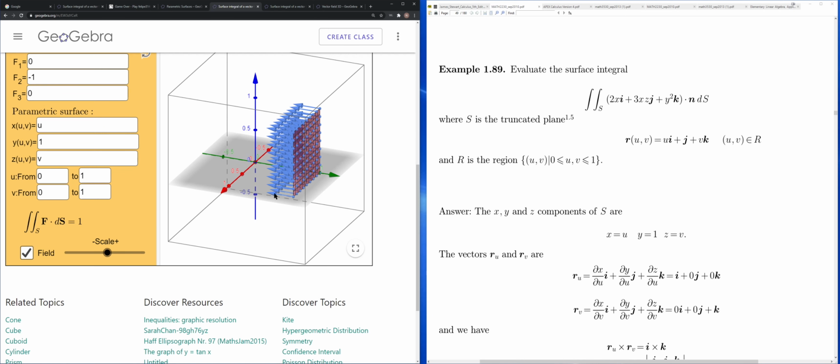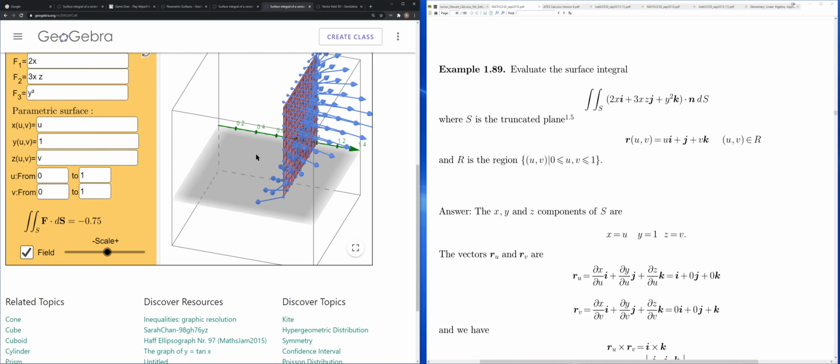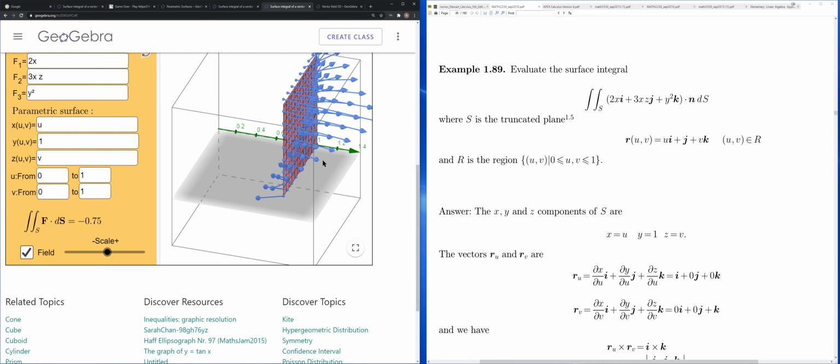Okay, so what that means is, this is the orientation. These blue arrows here, the n, would be for your vector field. So I'm not drawing both the vector field and the orientation on the same diagram. This is your S here.